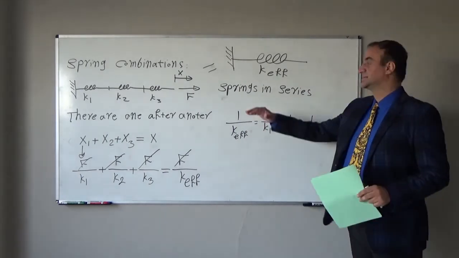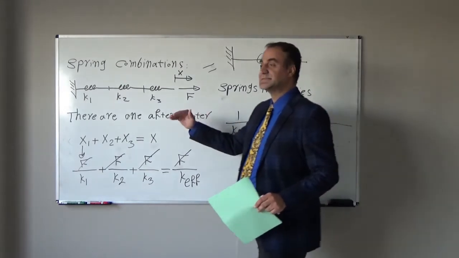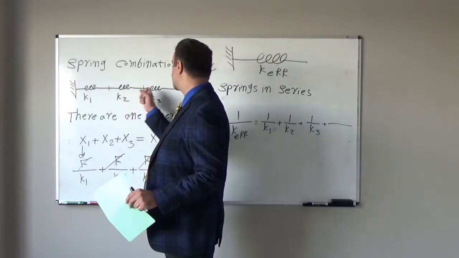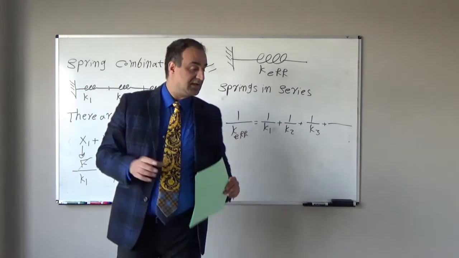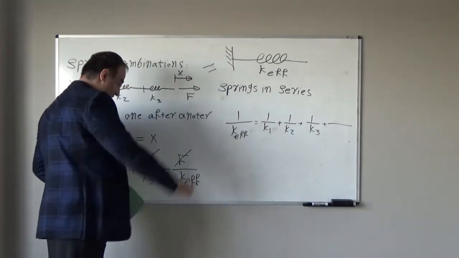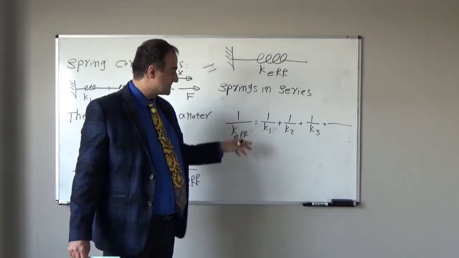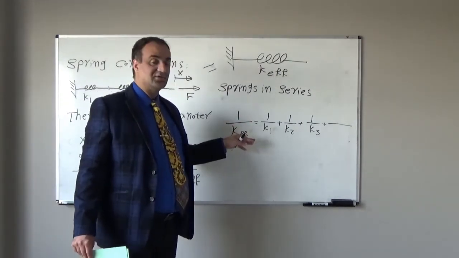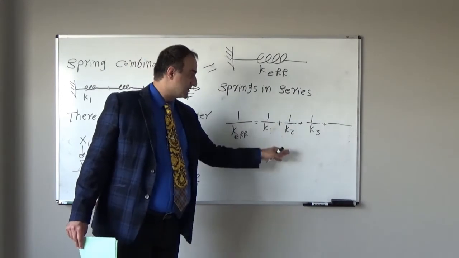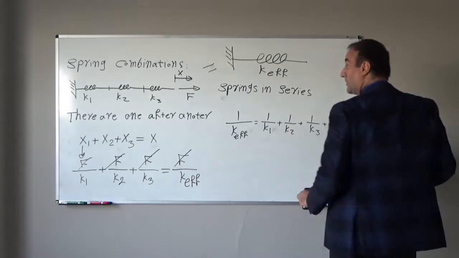These springs are in series. So we attach in series spring 1, spring 2, spring 3 and so on, and I apply one force at the end point. We know K effective for the equivalent spring is 1 over K1 plus 1 over K2 plus 1 over K3 and so on. Now let's look at the parallel behavior.